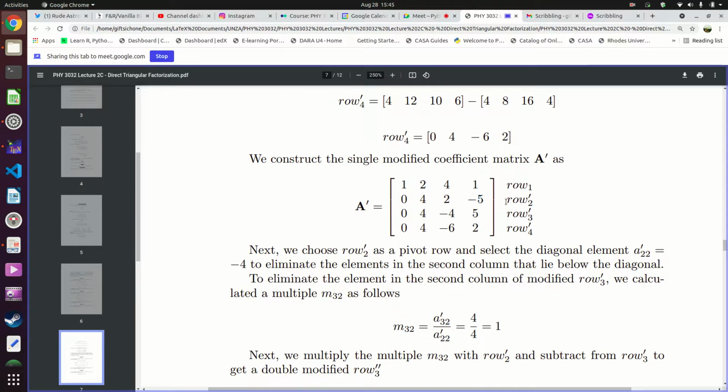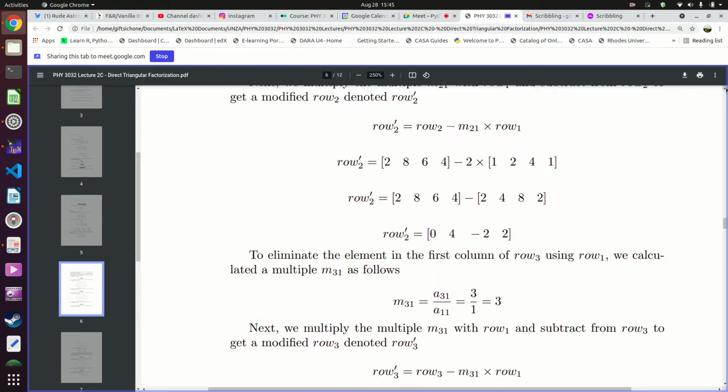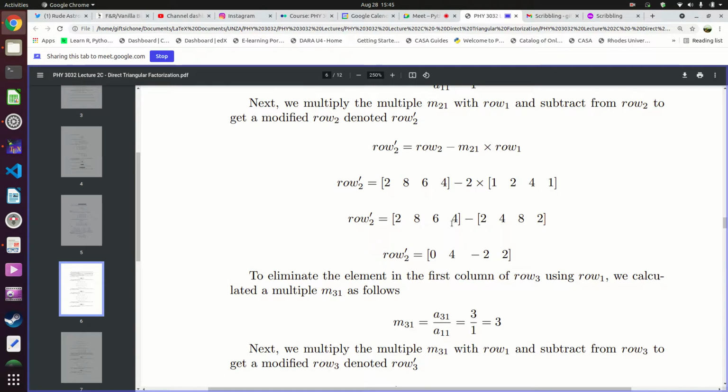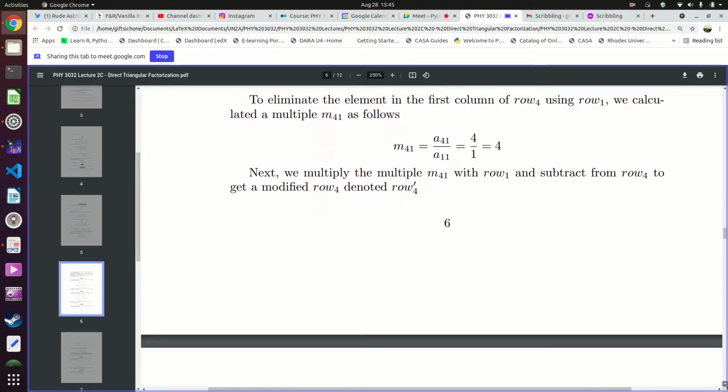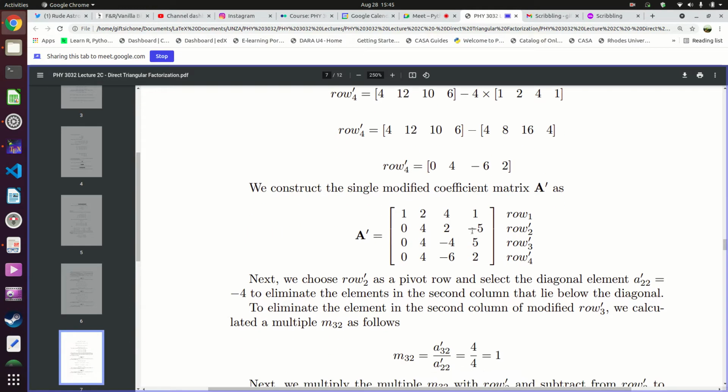The last column of row number 2, modified once. Here, 4 minus 2 is 2. Are we clear? Yes. So it's supposed to be 0, 4, minus 2, 2, not 5. So you scrap out the 5 which I typed. So this 5 needs to be scrapped out here.